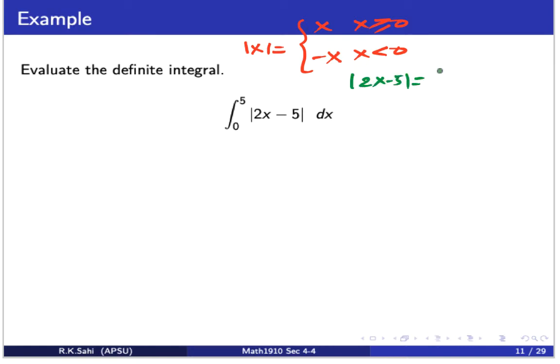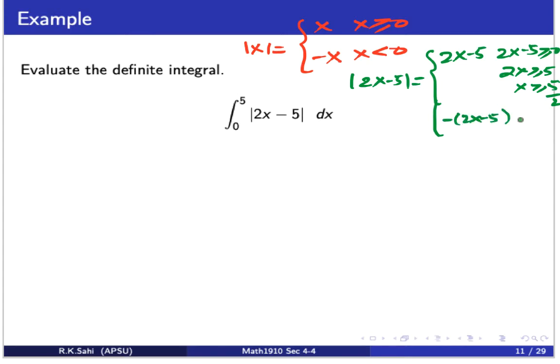Using the same scenario as earlier, this is 2x minus 5 when 2x minus 5 is greater than or equal to 0, or 2x is greater than or equal to 5, or x is greater than or equal to 5 halves. And it will be negative of 2x minus 5 when x is strictly less than 5 halves.